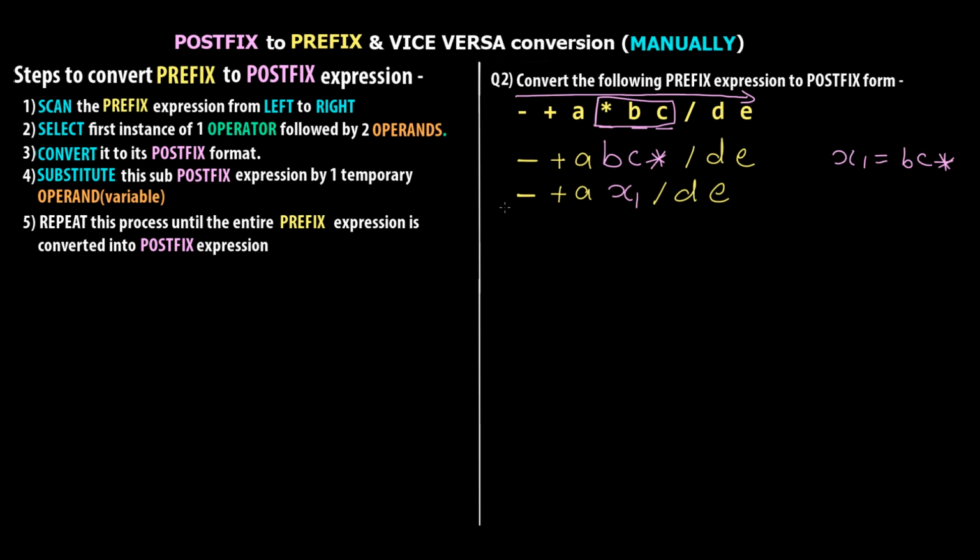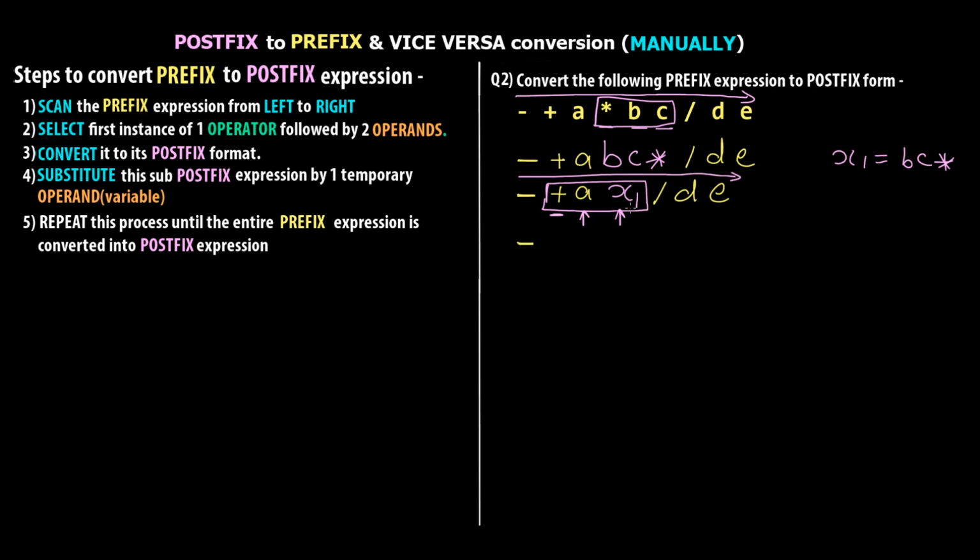So again we have to go from left to right. And now if you see, we have plus, which is one operator followed by one operand x1, and this is also another operand A. So now we have to convert this sub expression to its postfix version. In postfix version, plus will be coming after x1. So we will write minus as it is.